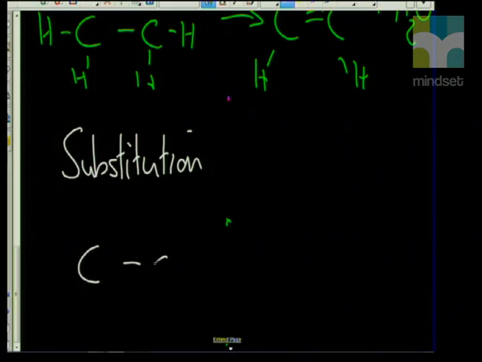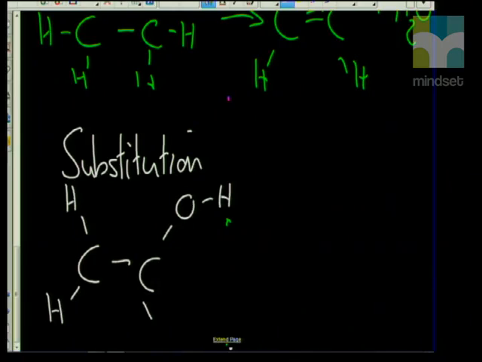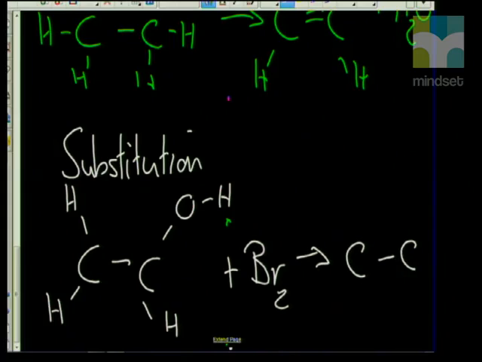So we could take something like, let's use another one. Take an alcohol and let's react that with something like bromine, and in its place we could get something like the bromo compound.